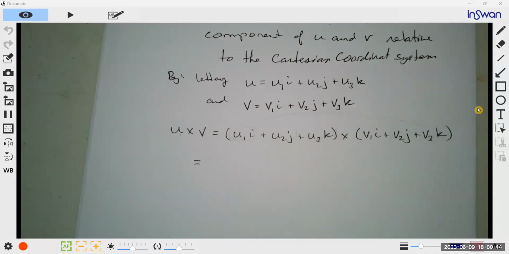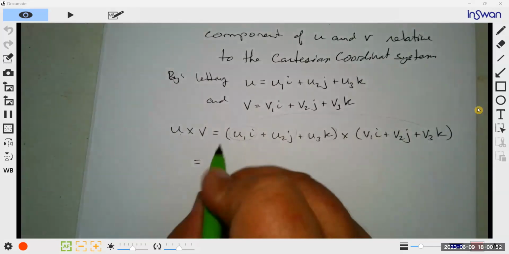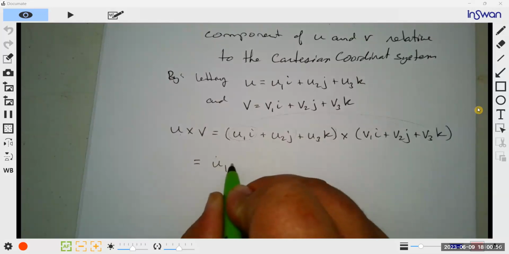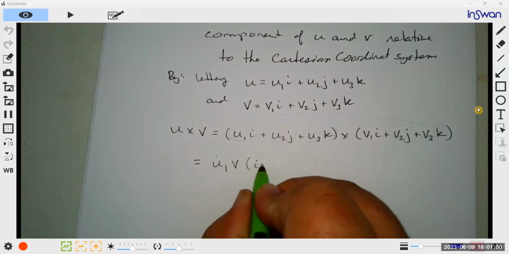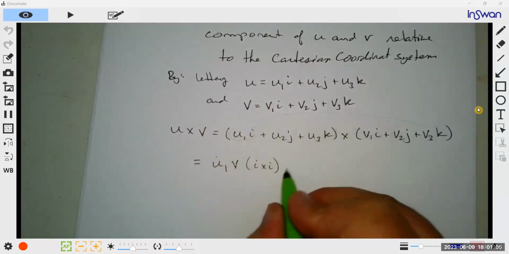Now, this is where it gets long and drawn out, but I'm going to show how it relates to those cross product rules. So U1 I times V1 I, we got U1 times V1, I cross I. That's the first one.